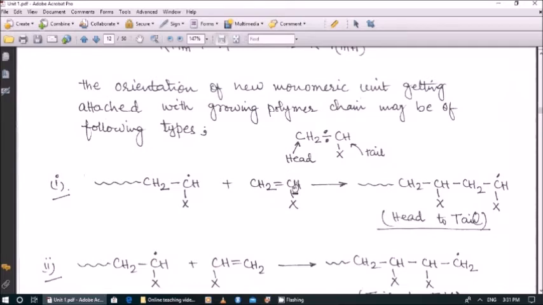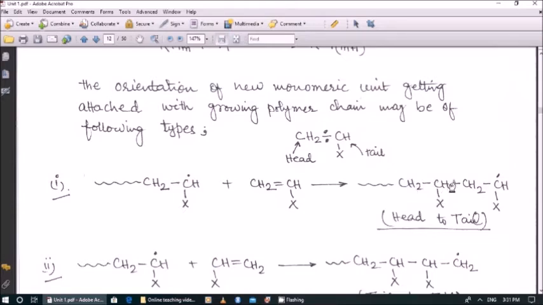Now there are four possibilities. As a first possibility, head to tail. The head of the monomer is going to react with the tail of the growing polymer chain, and it will combine in this way, CH2–CHX.